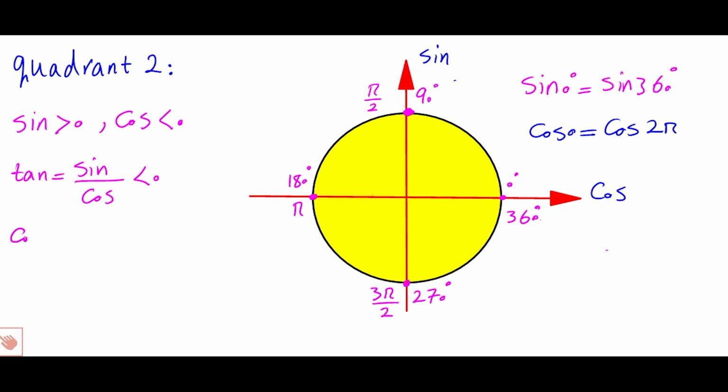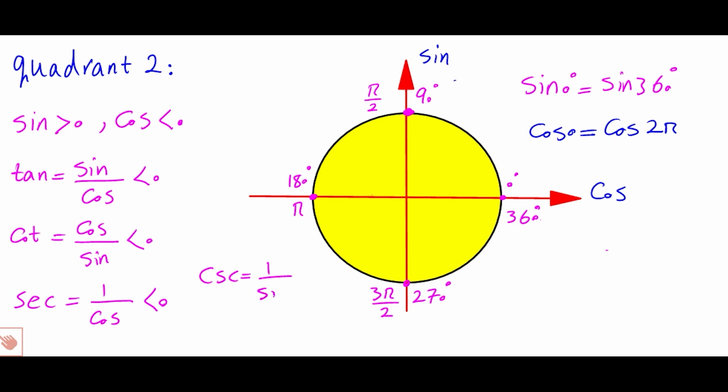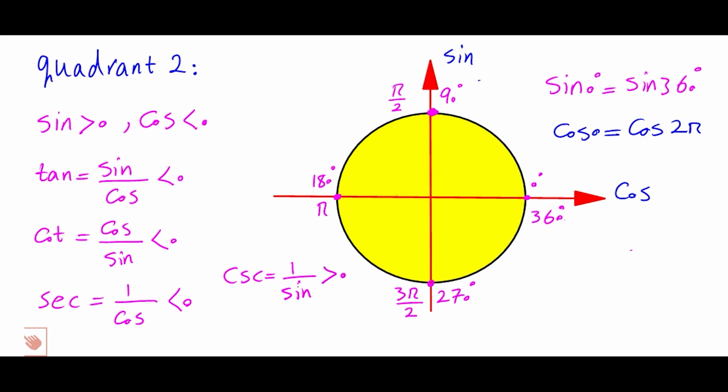And cotangent is equal to cosine divided by sine, and cosine is negative and sine is positive, so cotangent is negative. And secant is equal to 1 over cosine, which is negative, and cosecant is equal to 1 over sine, which is positive.